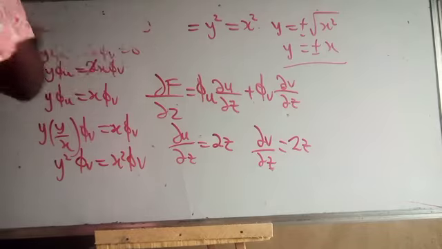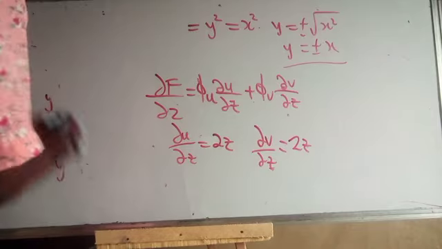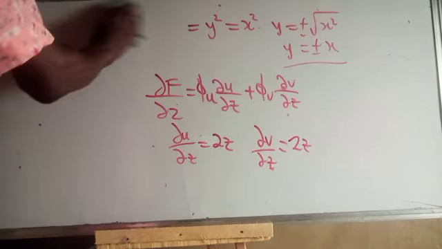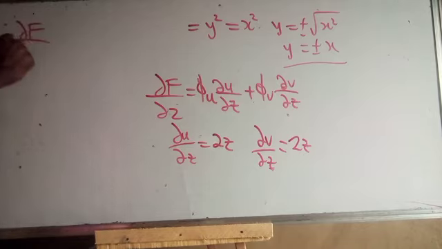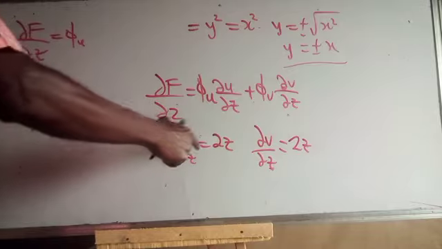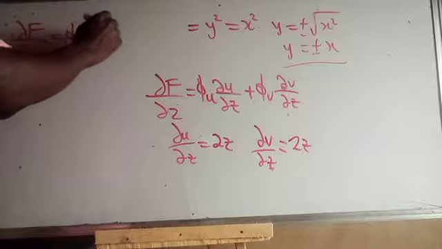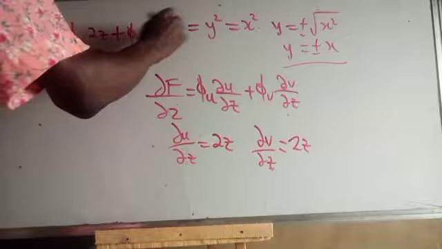So now by substitution into this partial derivative of f with respect to z, what do we have? Therefore the f dz will be phi u multiplied by the du dz, which is 2z, plus phi v multiplied by the dv dz, which is also what? 2z.